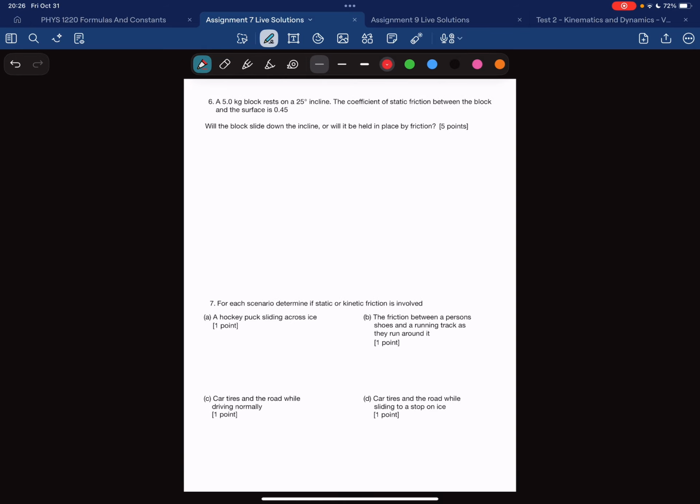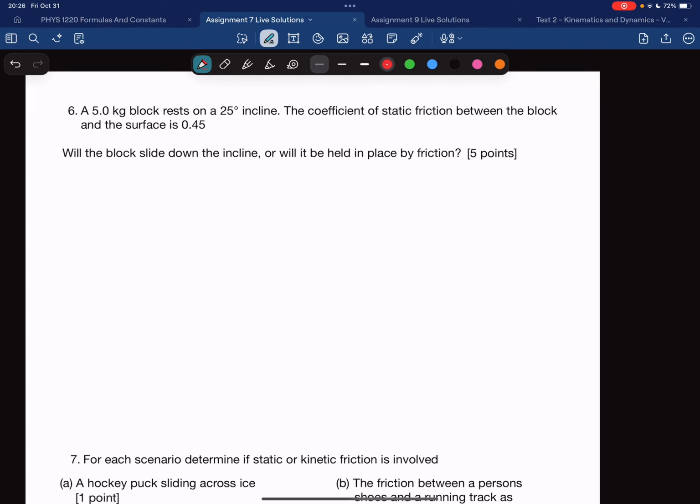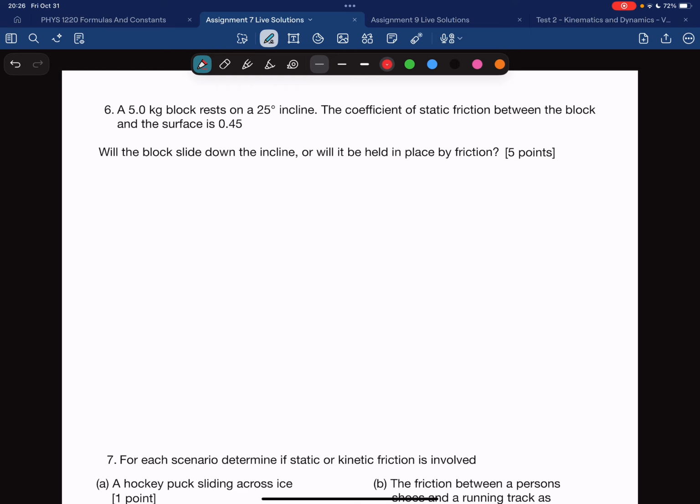Number 6. A 5 kilogram block rests on a 25-degree incline. I'm going to start by drawing a diagram right away. So this is 25 degrees. I got a block. It's 5 kilograms. I know I have a normal force here.